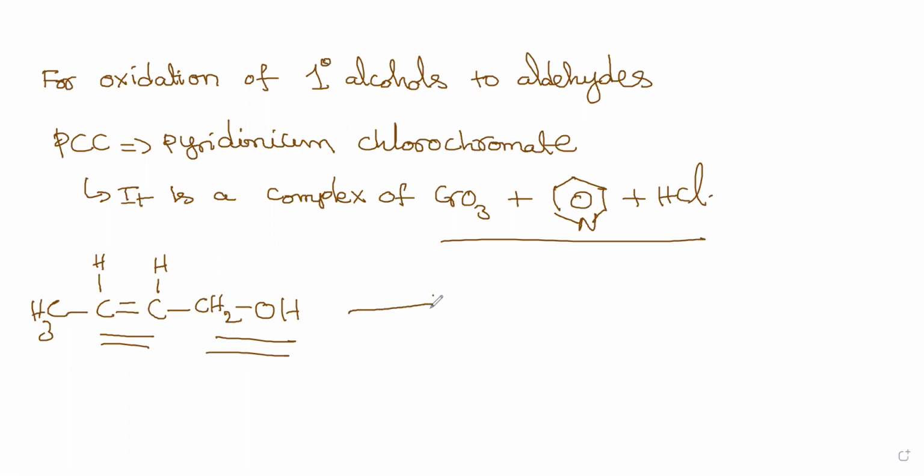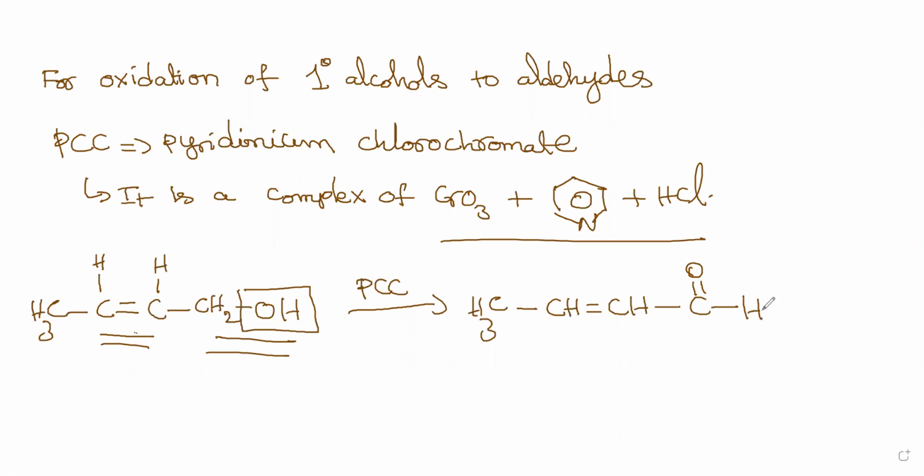Now if you use PCC, it very selectively oxidizes the OH. It will not touch the double bond. That is the beauty. So you get CH3CH double bond CHCHO.